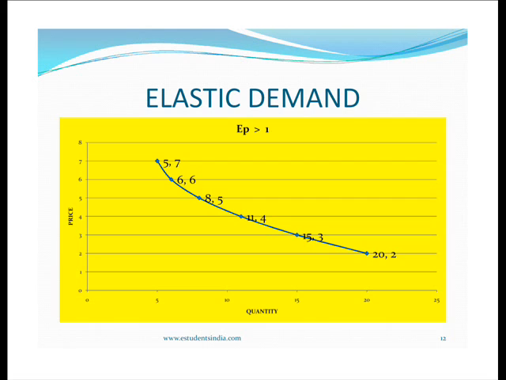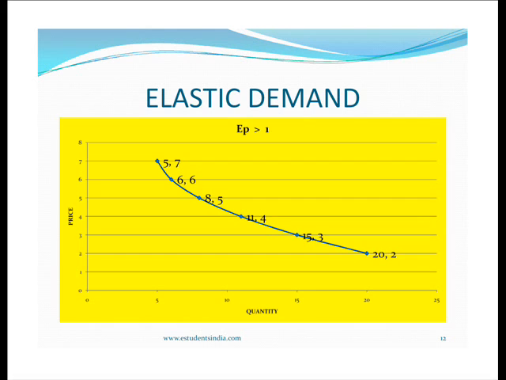What is the total expenditure? Yes, that is the total money spent on purchasing 20 units by the consumer. It is rupees 2 into 20 units, rupees 40. Rupees 40 is the total expenditure.